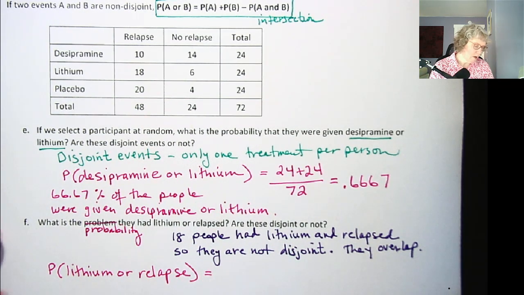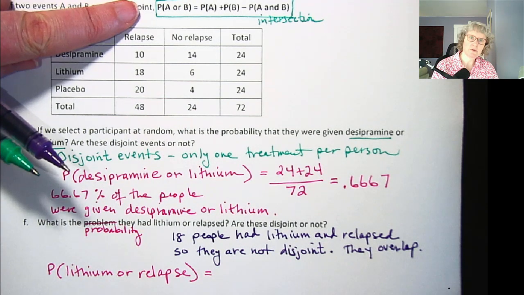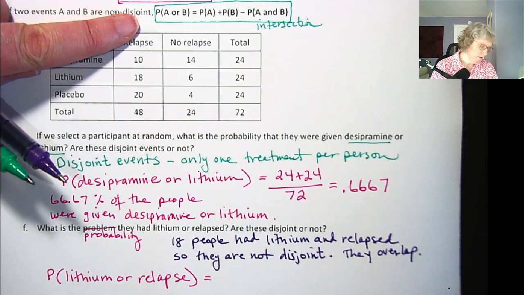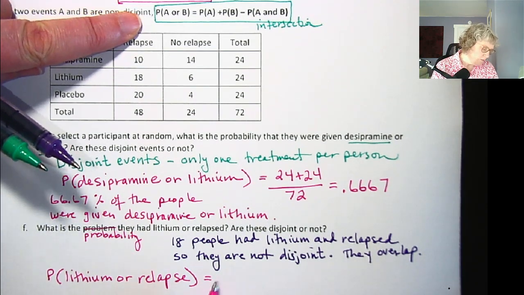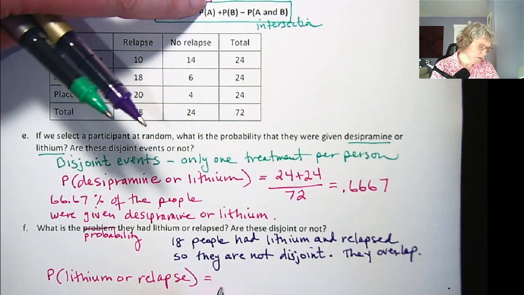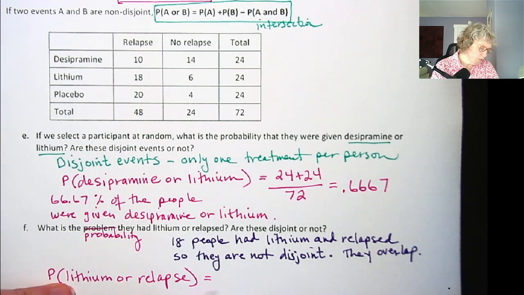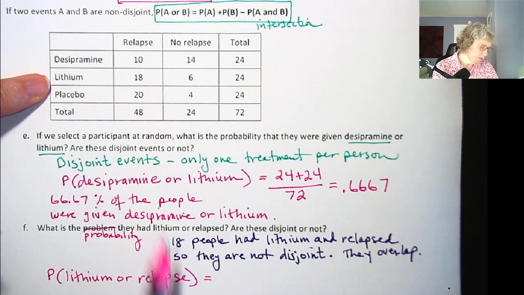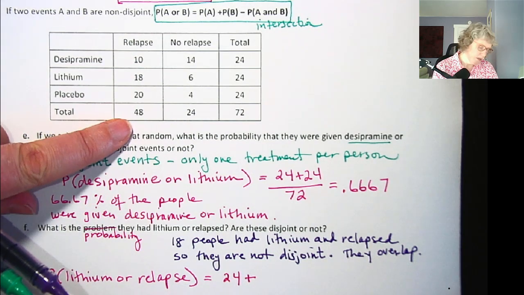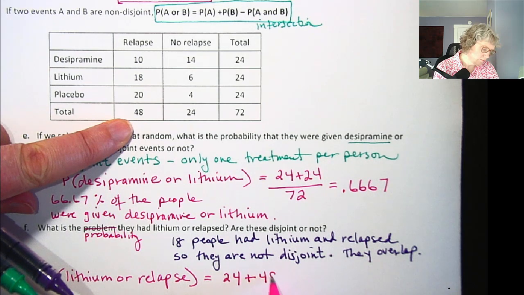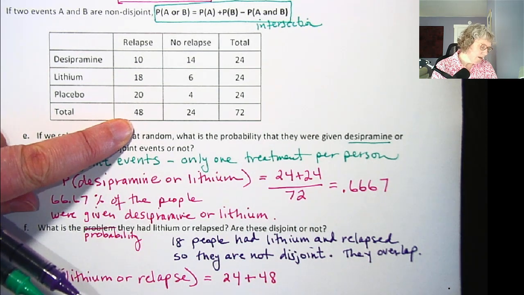I'm going to show you two ways to do it. First, I'm going to use the subtraction way that's in this formula. So we need to find the number of people who took lithium, which overall would be 24, plus the number of people that had a relapse, which is 48. Okay, so do you see what happened?